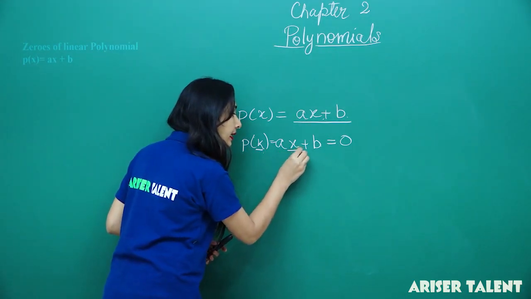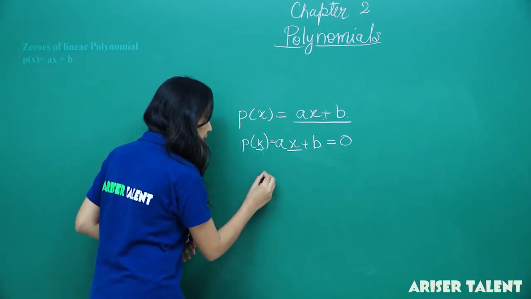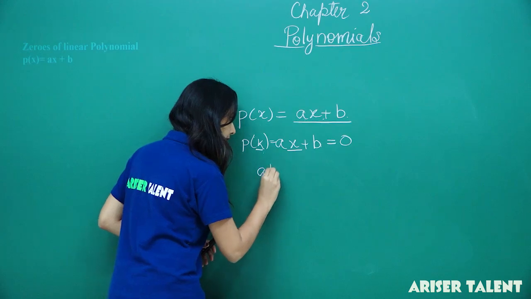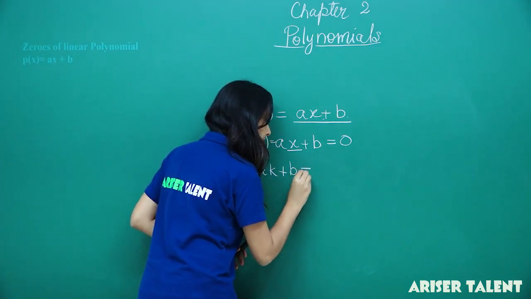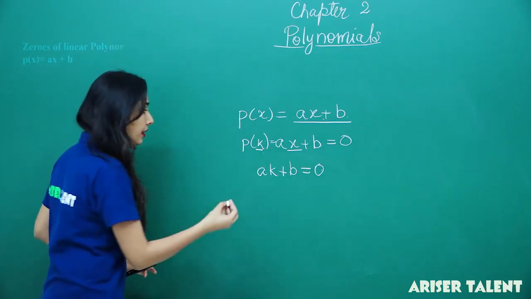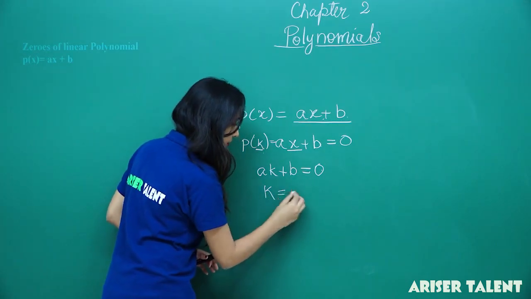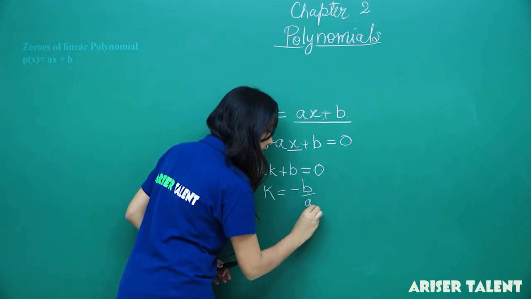It stands for that the value of x will be replaced by k. So it will become ak plus b, and that will become 0. Okay. Now value of k will be minus b by a.